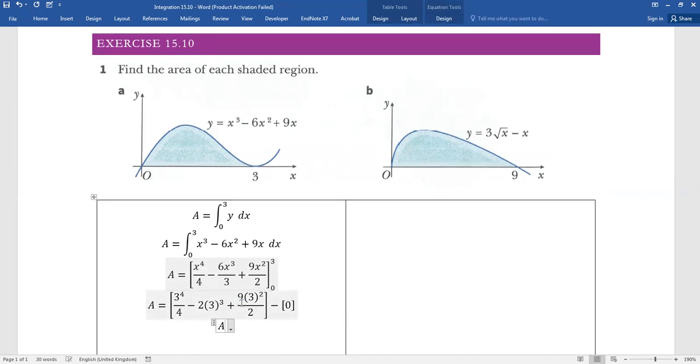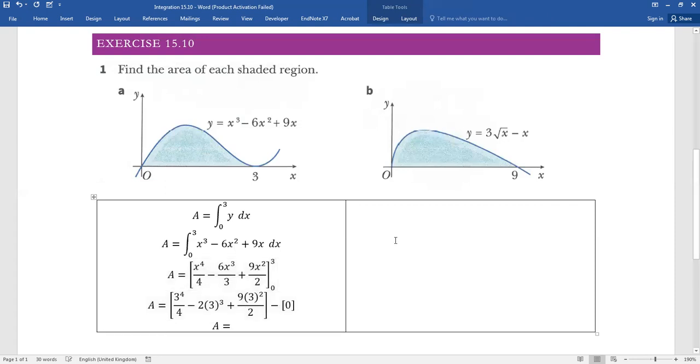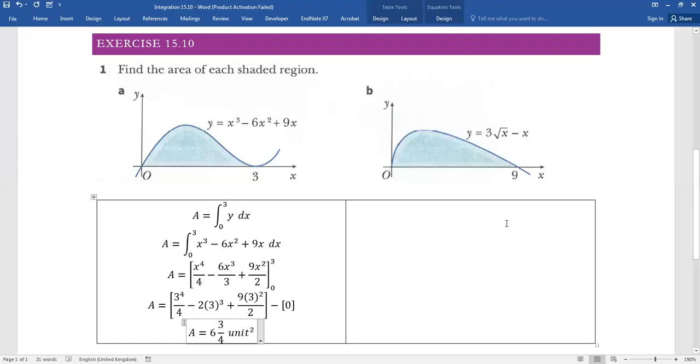Can you tell me the area that you get? I've trusted you with this one.